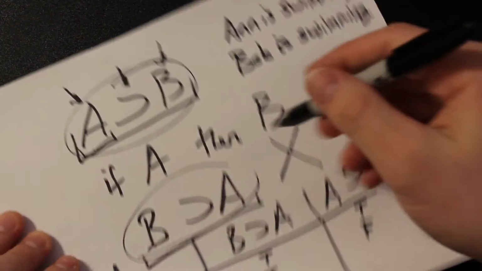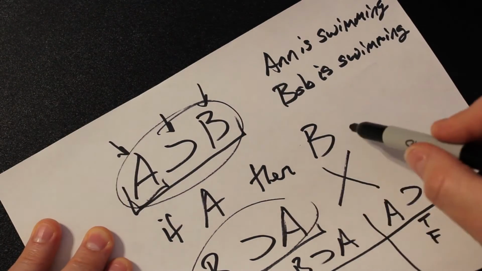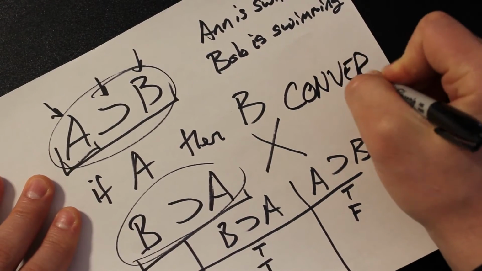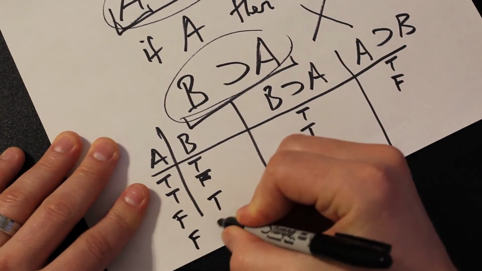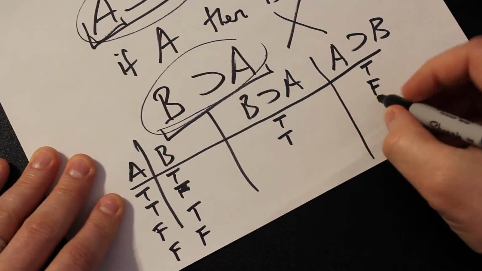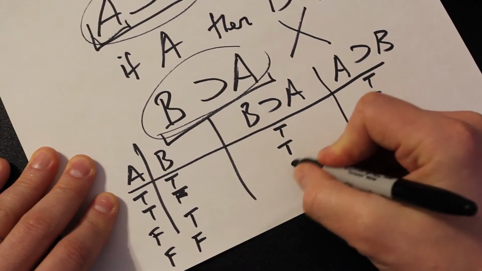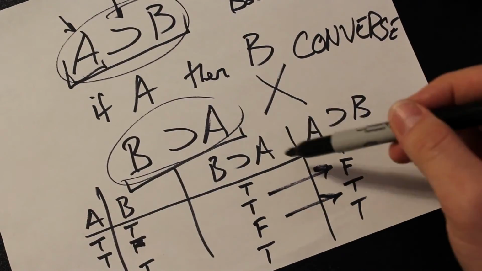Lastly, where you just change the order, so instead of if A then B, I say if B then A, this is the converse. A implying B was true and true there. Here, B implying A is false and then true. So again, these are not logically equivalent.